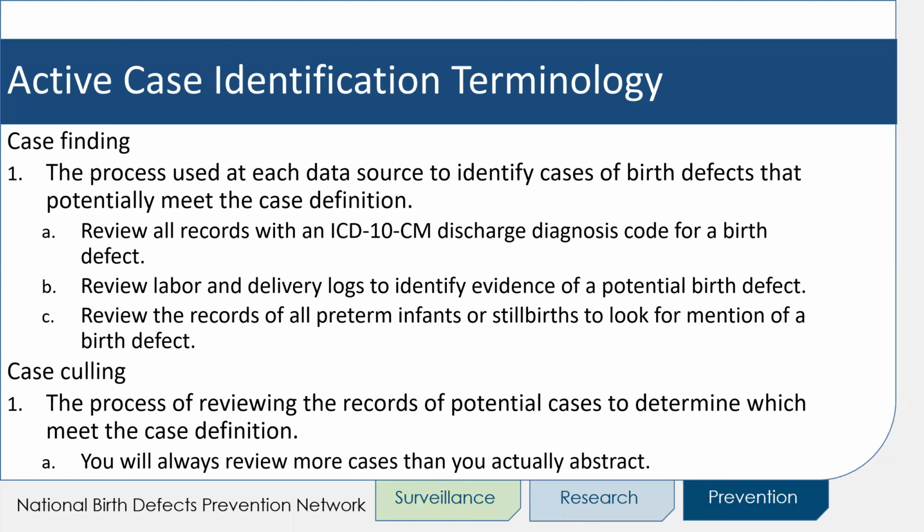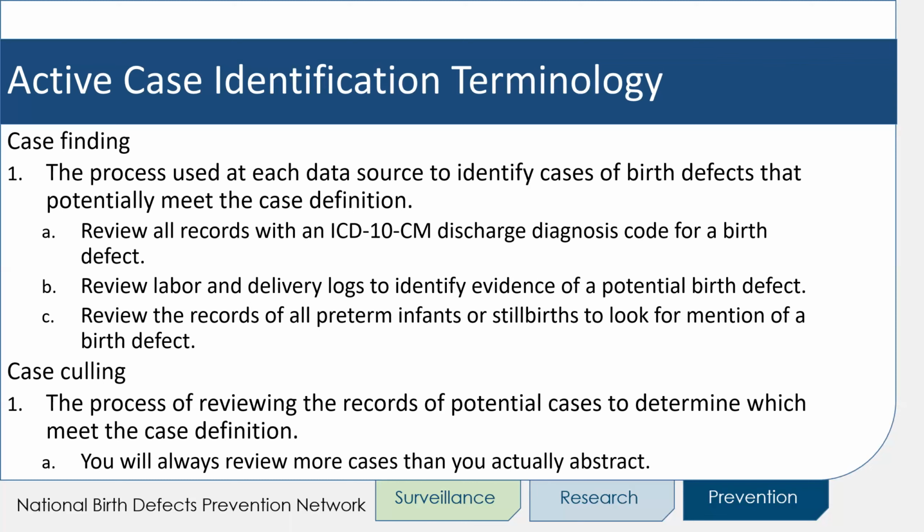Case culling. Case culling is the process of reviewing the records of potential cases to determine which meet the case definition. For example, when conducting Zika surveillance, case culling would occur when cases were sought where there was less than a 50% chance that we would find cases that are positive for Zika.